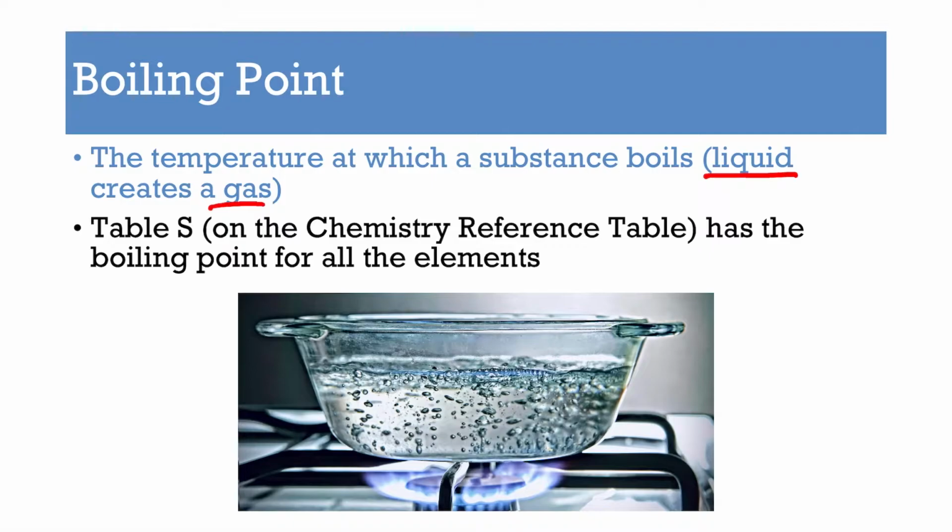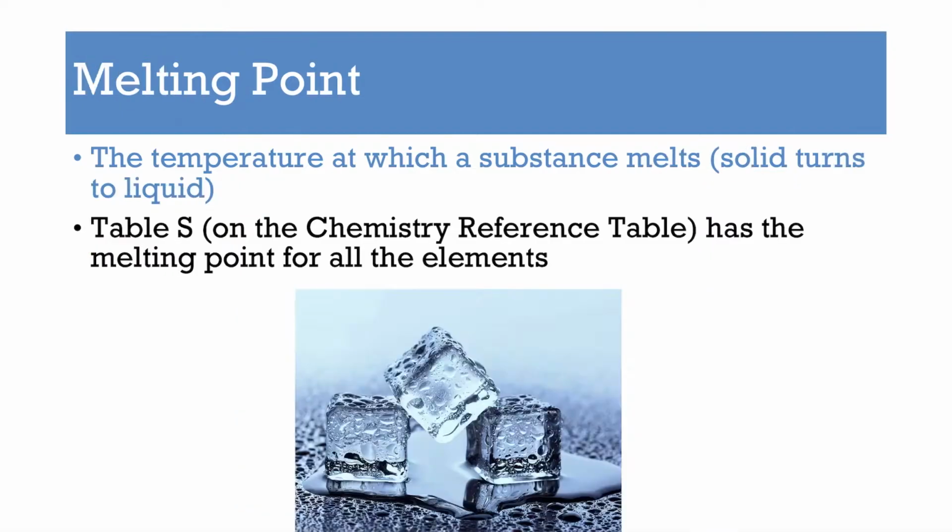Every substance has its own unique boiling point, and table S in your chemistry reference tables, which will be your best friend in this class, has the boiling points for all of the elements. Melting point is when a solid turns to a liquid. If you have ice that is melting, you have solid ice melting into liquid water.